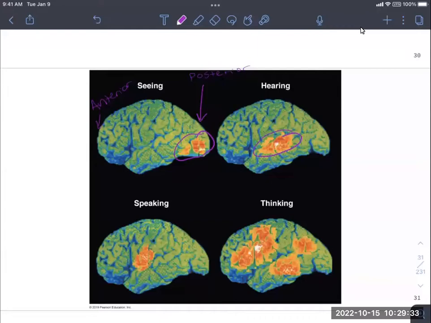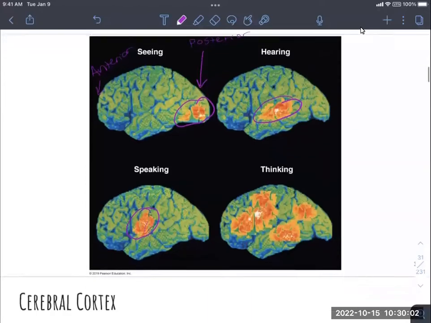Hearing, well, that's mostly your temporal lobe. Speaking, it's kind of the frontal lobe, just a bit of that parietal lobe. But thinking uses a lot of your brain. Kind of cool to see how we can actually see how different portions of our brain are used for different things.